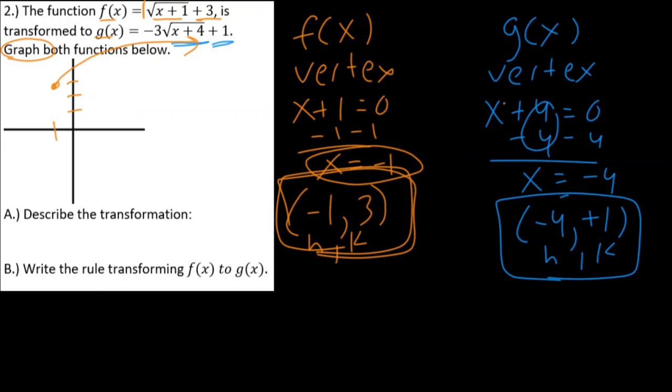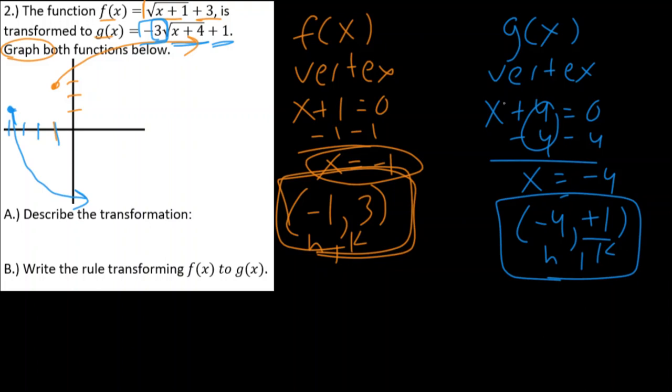Here I go to the left 1, 2, 3, 4, and I have a positive 1, so I go to the left 4 and up 1. But notice here, my a value is negative. That means I'm going to start to go down, and it's a 3, which is greater than 1. So this rate of decrease is actually going to be much quicker or much faster than the rate of increase for the orange function, f of x.